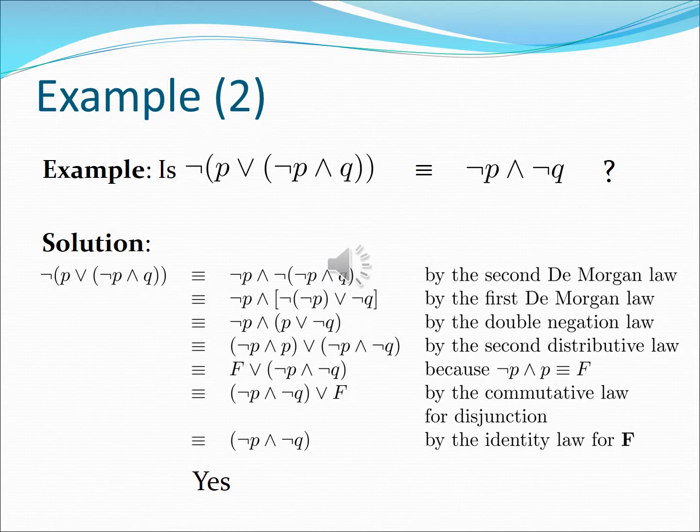Then by using the commutative law for disjunction, and then from there I get negative Q and negative Q, and by the identity law we get F. So these two statements are equivalent. The statement on the right is F, and we also proved that the other statement is F. So both of them are equivalent.